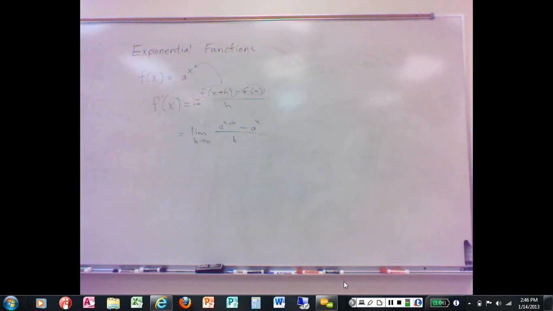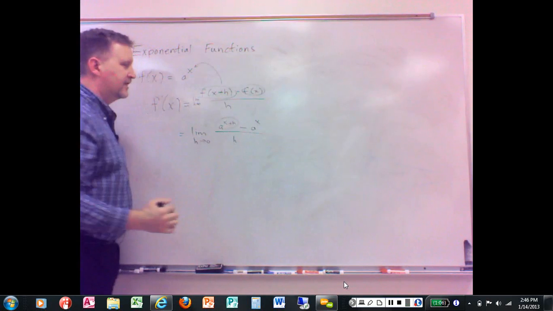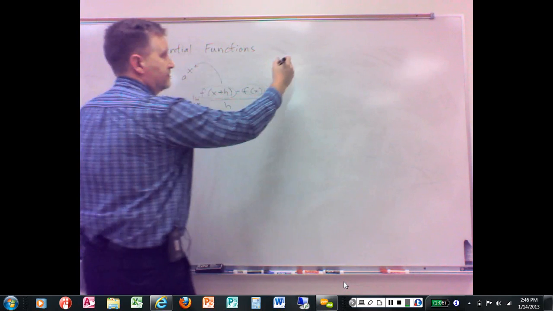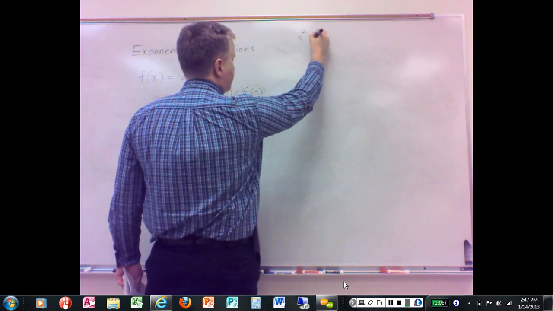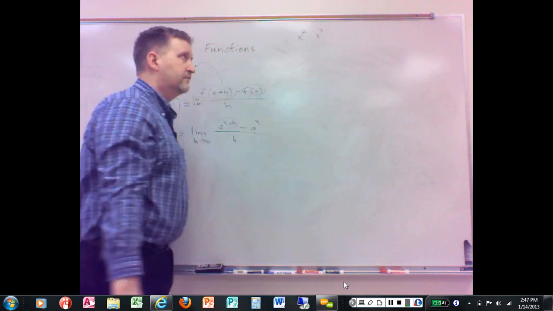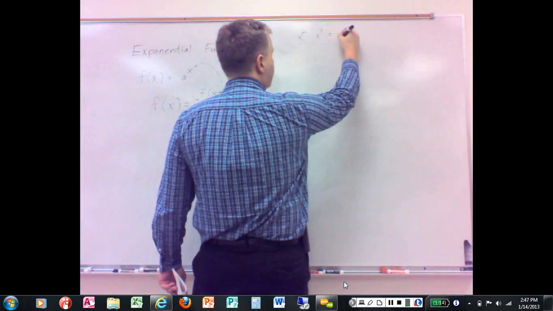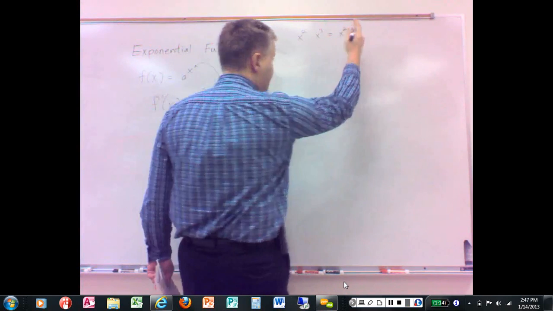Well, the one thing we can do with this is that it's kind of the reverse of the exponent rule. When I have x squared times x to the third, I add those exponents, and so I would get x to the fifth.